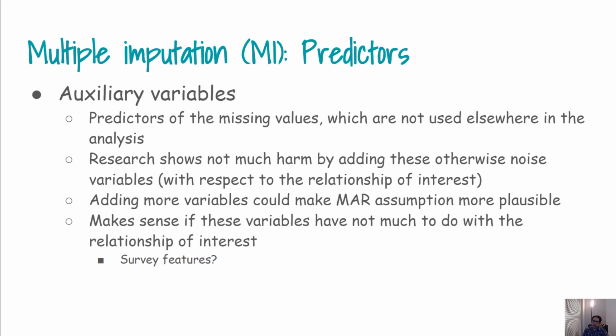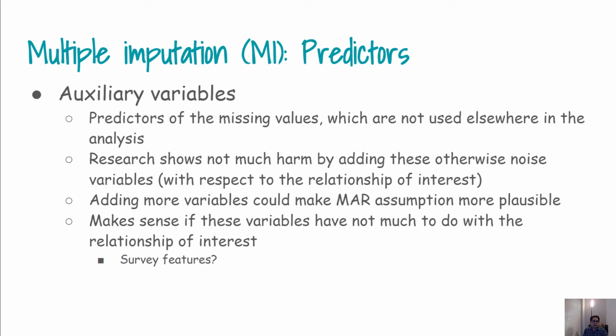Alright, so in terms of the imputation model, one other type of predictors are known as auxiliary variables. These auxiliary variables are those variables that are not really useful for your main analysis.